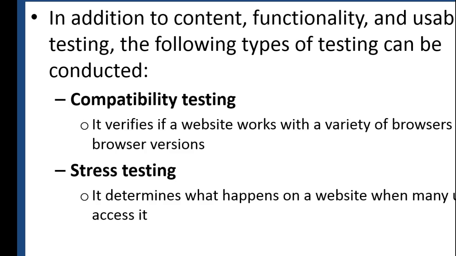In addition to the content, functionality, and usability testing, there are other tests that can be conducted. One other test is compatibility testing, which can verify that the website works with a variety of browsers or browser versions. Initially, test using the browsers that your audience is most likely to use.